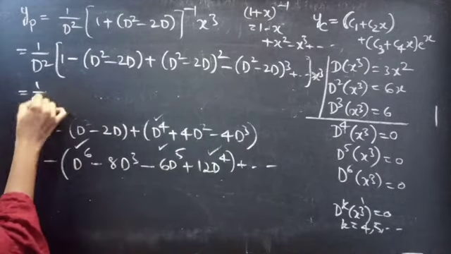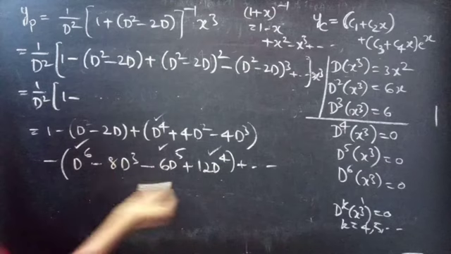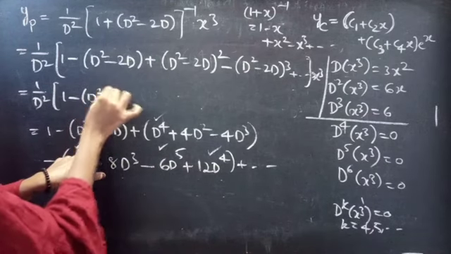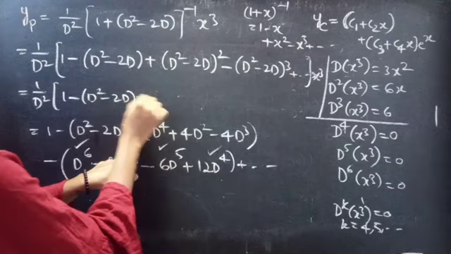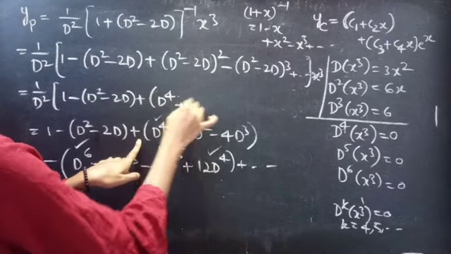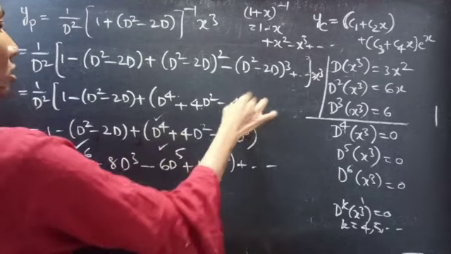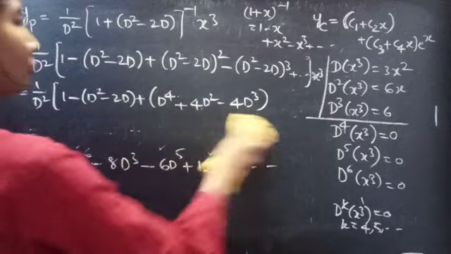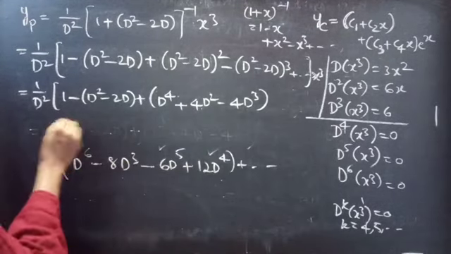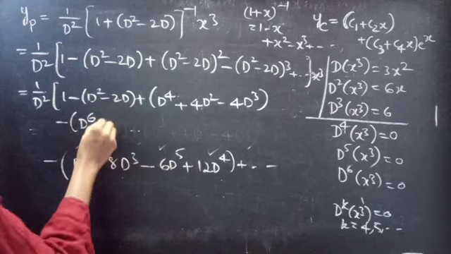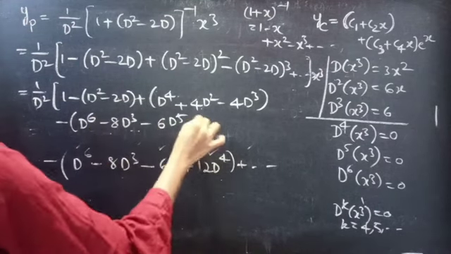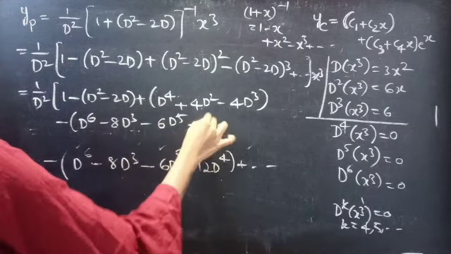Is equals to 1 by d² into 1 minus, now write this step, d² − of (d² − 2d) + d⁴ + 4d² − 4d³ minus of d⁶ − 8d³ − 6d⁵ + 12d⁴ plus so on into x³.